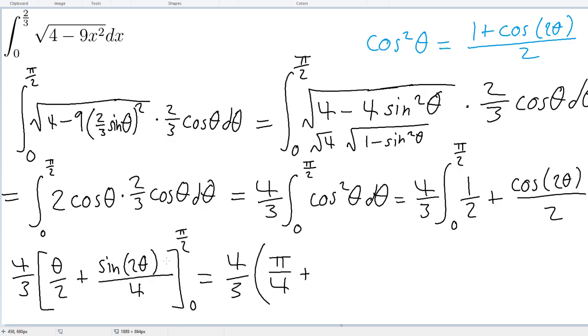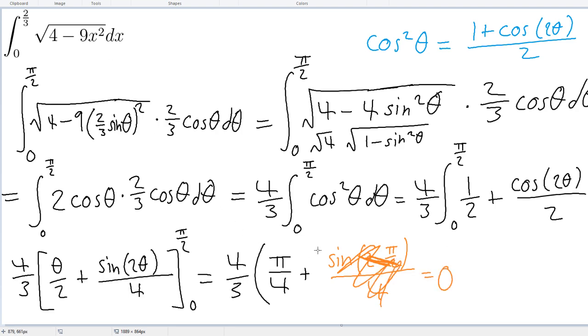And then sine of 2 theta, pi over 2 times 2, that's pi, right? Let me write that in orange. So sine of 2 times pi over 2, over 4. Well, when these cancel out, it's just sine of pi. Sine of pi is 0. So then this whole part is equal to 0.